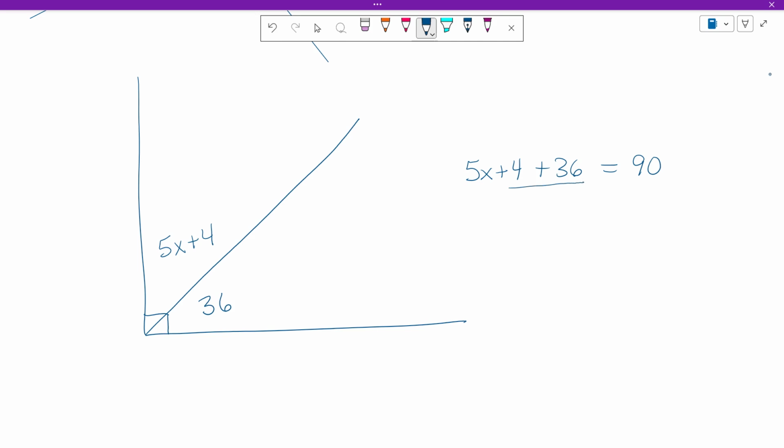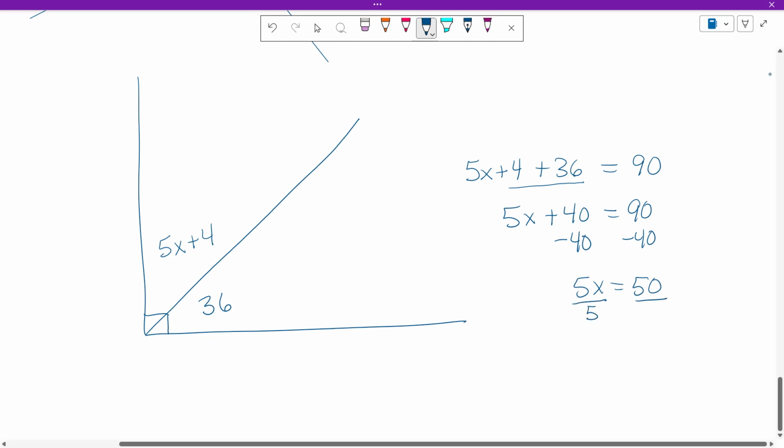What's 4 plus 36? 40. Then what do we do? Minus 40. So 5x equals 50. And then divide by 5. X equals 10.